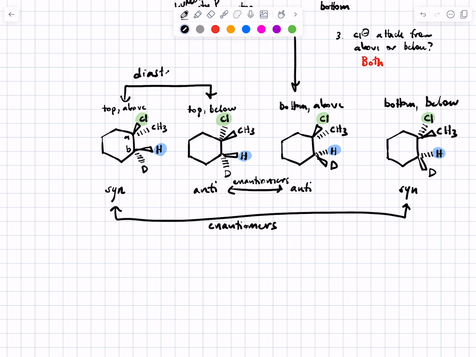Now, how about the relationship between a syn product and an anti product? Diastereomers, right? You can tell that's true because they have opposite configuration at one, but not both stereocenters. Similarly, this syn product and this anti product are also diastereomers. And then I suppose there's one other relationship we could talk about.